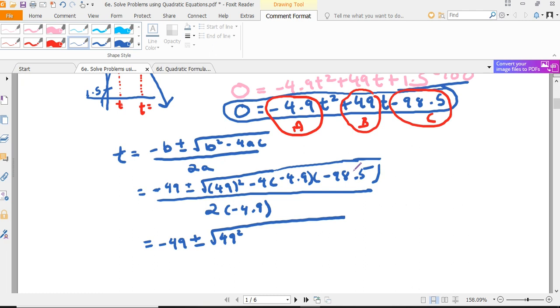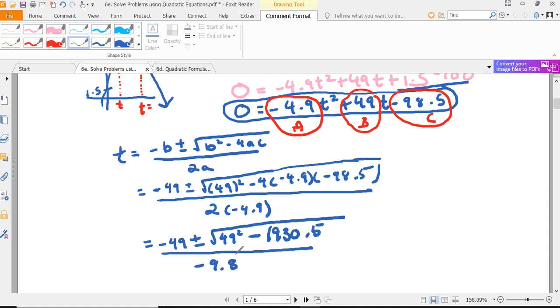So negative 4 times negative 4.9 times negative 98.5 will give me negative 930.5, divided by 2 times negative 4.9, which is negative 9.8.